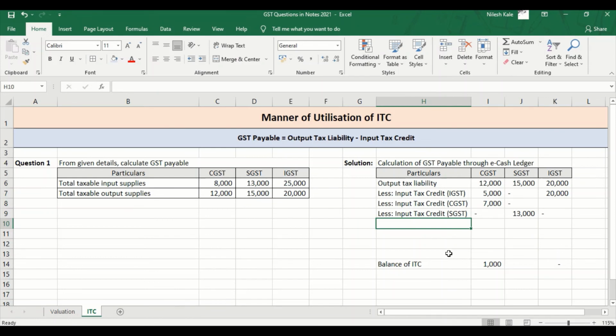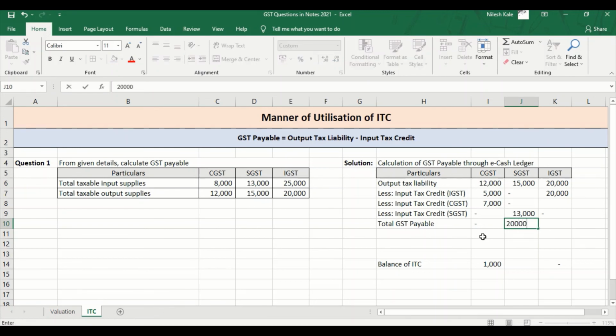Now total GST payable will be equal to CGST nothing, SGST 2,000 and IGST nothing. So this is the total GST payable, right?